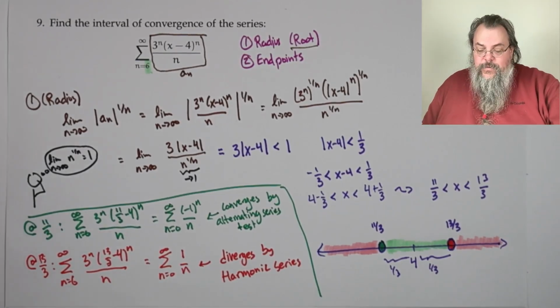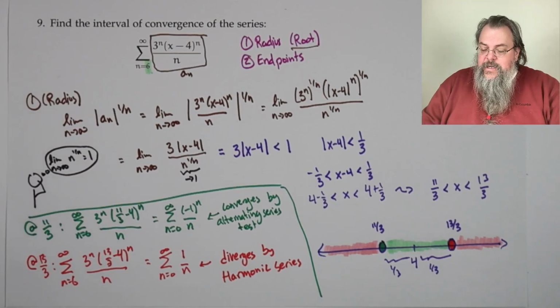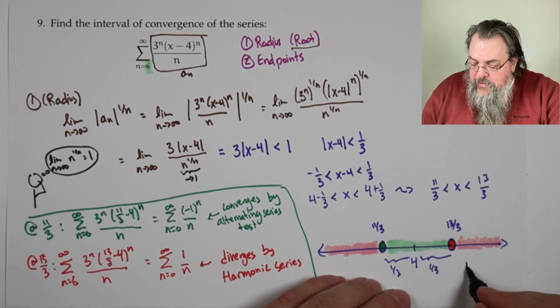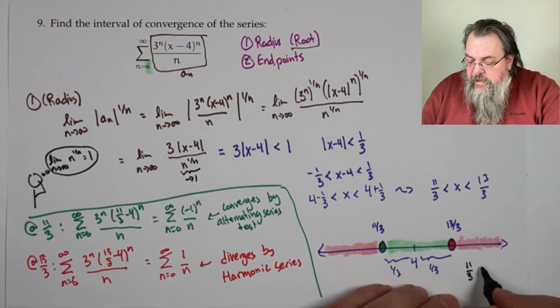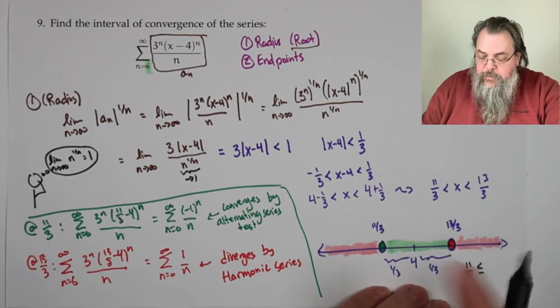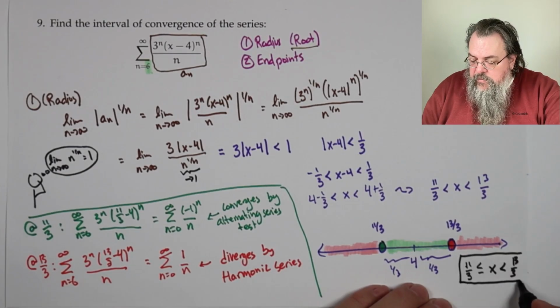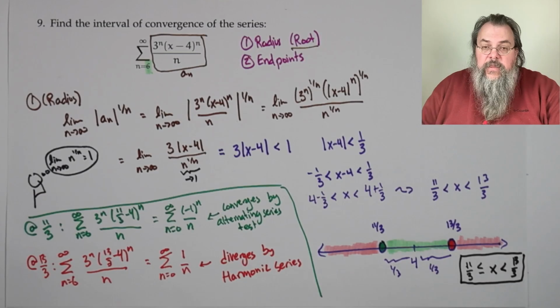All right, so finally we put this all together and we say, what's the interval of convergence? Well, we could say 11 thirds less than or equal to x, because we include that endpoint, x less than 13 thirds. Now, some people prefer a different notation. That's okay.